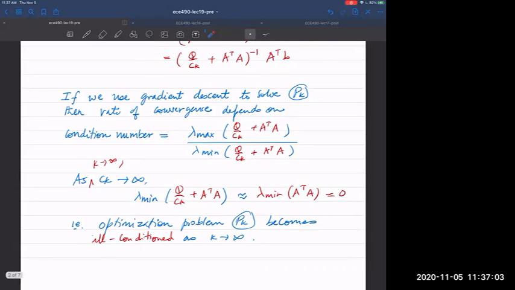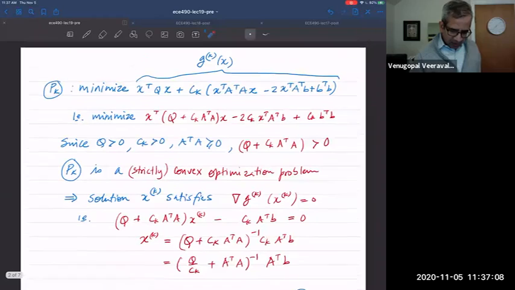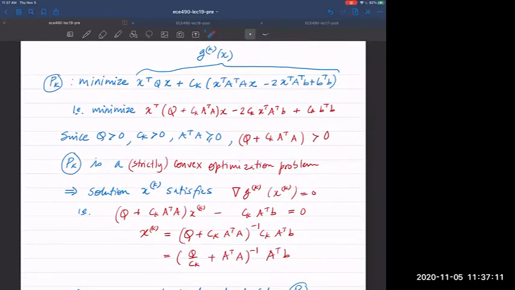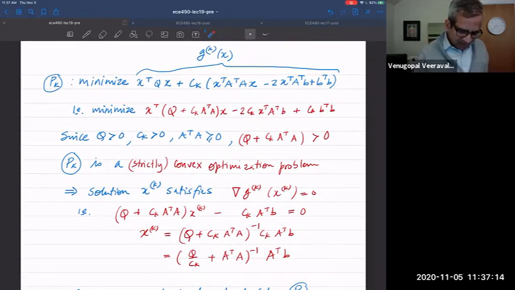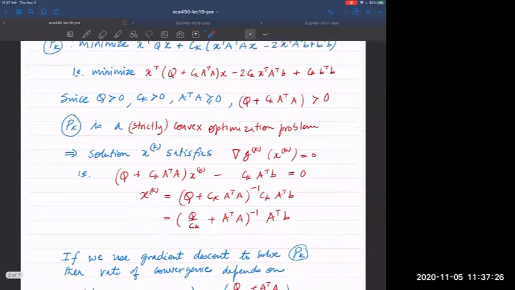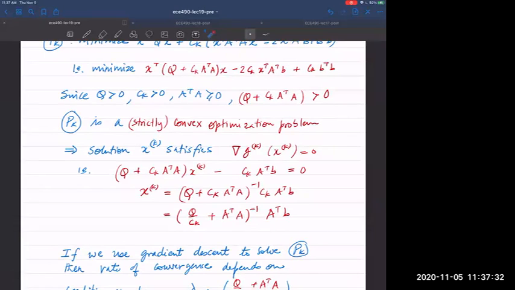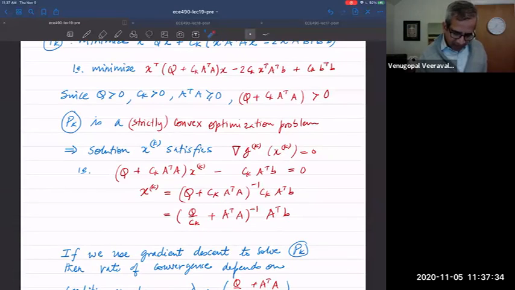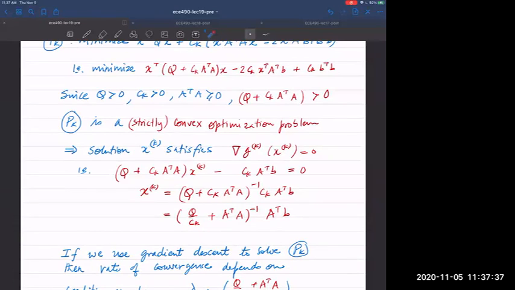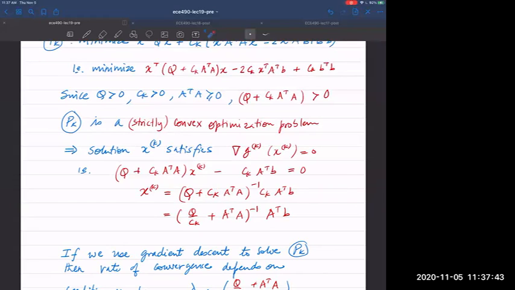No, it's not squared. I'm just taking the Ck and bringing it down here. There will be an inverse, right? Oh, it's an inverse. Okay, I see. So this will go inverse, and then this will divide. Okay, thank you.